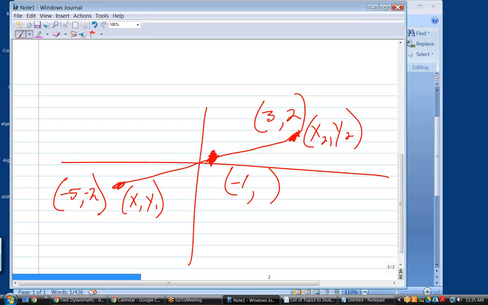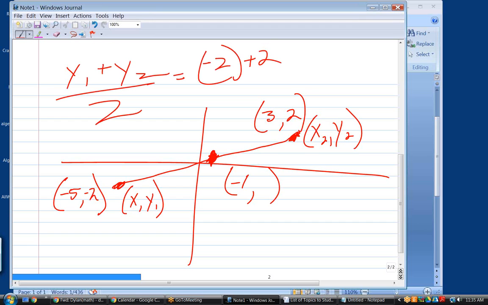This is what I see you do a lot also, is you jump to the answer rather than plugging it into the formula. What is y sub 1 plus y sub 2 divided by 2? Negative 2 plus 2 is 0. Just 0 divided by 2, which is 0, not undefined.